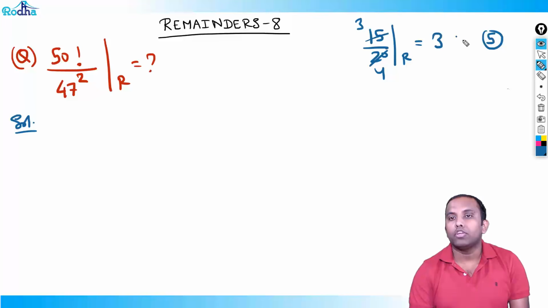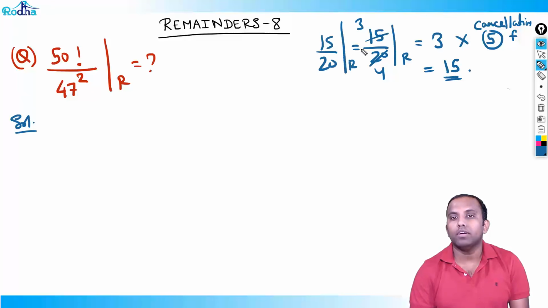But I should multiply by the cancelled term, called the cancellation factor, that is 5. So 3 into 5 gives me 15 as the answer. Like 15 by 20, the remainder is obviously 15, because the numerator is less than the denominator.